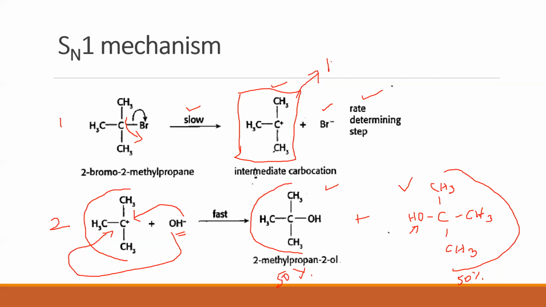What is the nature of the carbocation? It is planar. Now, what do we mean by planar? Planar means two dimensions. It can be expressed on a single given plane with two dimensions.